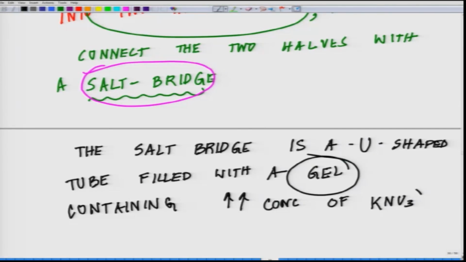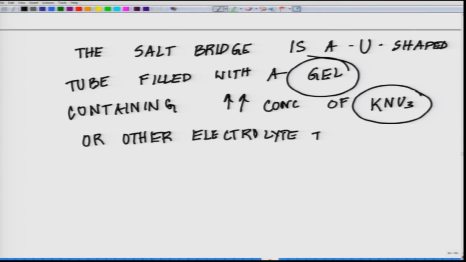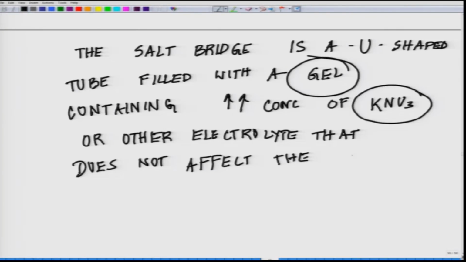Mind it, this will change according to the cell type, KNO3 or another electrolyte that does not affect the cell reactants or the cell reaction.